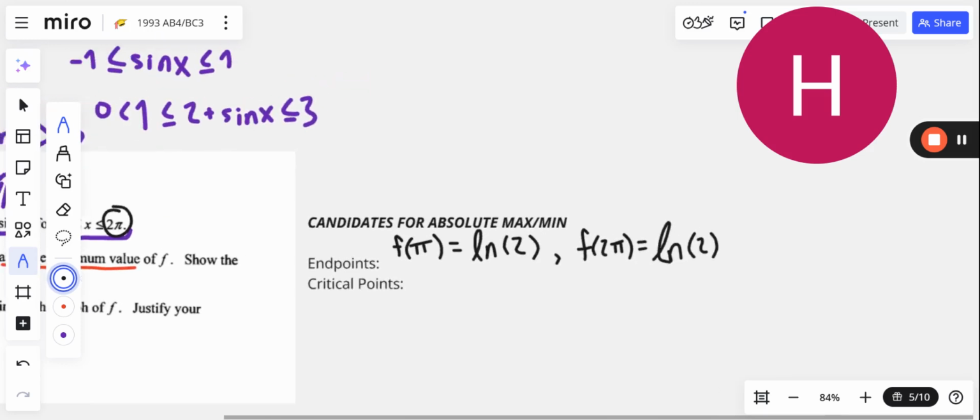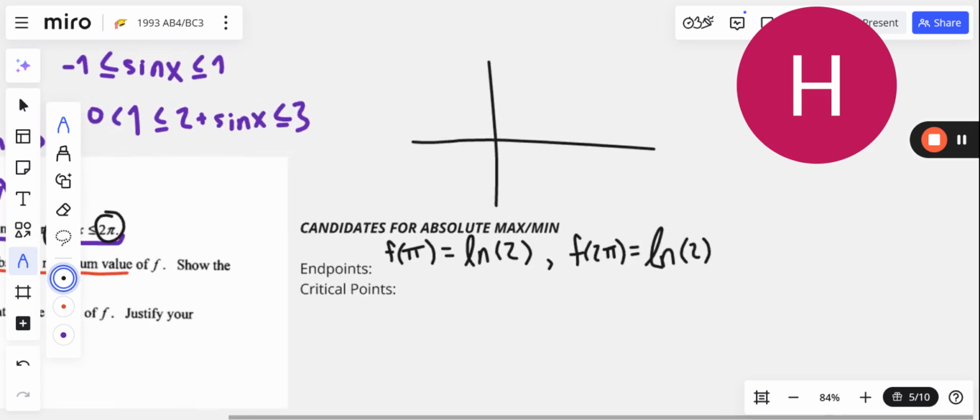So we have 2 points so far. ln of 2 is not really important what it is, but it's like 0.69 or something. So at pi we would have a point here, and at 2 pi we would have a point here as well.